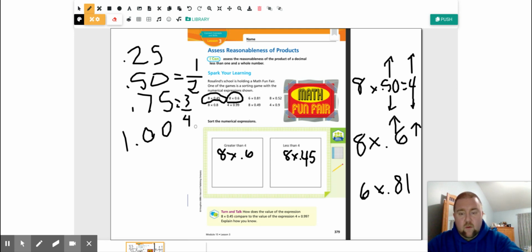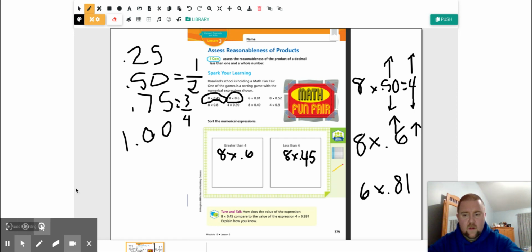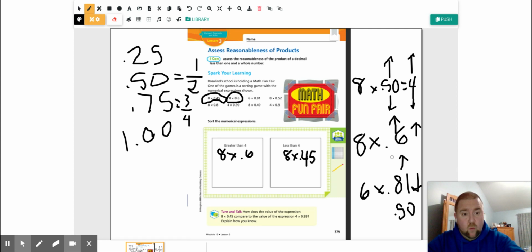So now we're really saying 6 times 3/4. And 3/4 is a tough one because we don't know what 3/4 of 6 is necessarily. So what I like to do is round 81 hundredths down to 50 hundredths, and also round it up to one whole.